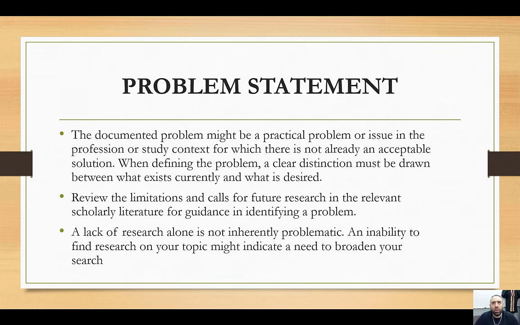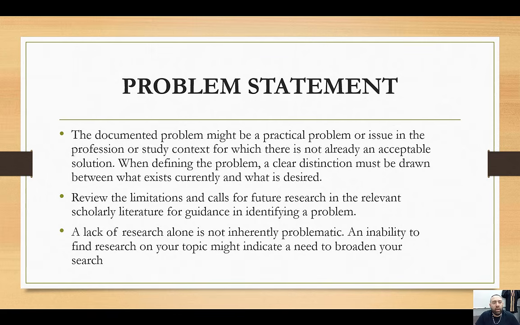Also, a lack of research alone is not a reason to say that this is a problem. If you're looking for something that is a relatively new topic or a new trend, you may not find a lot of information, but that's not a problem. Sometimes you just need to broaden your search.